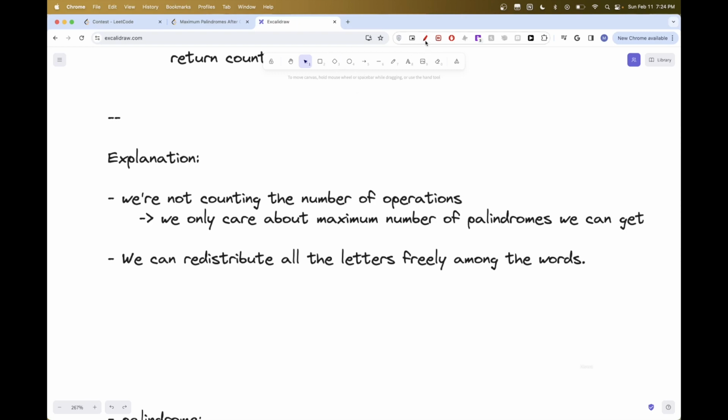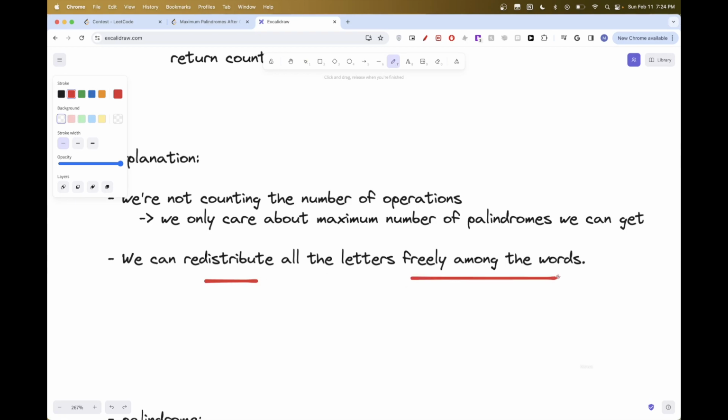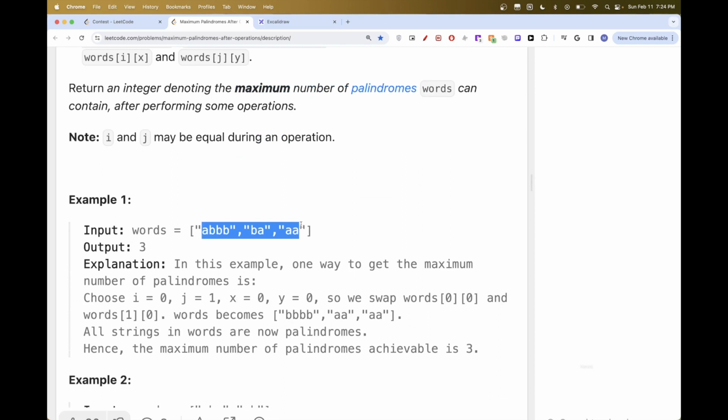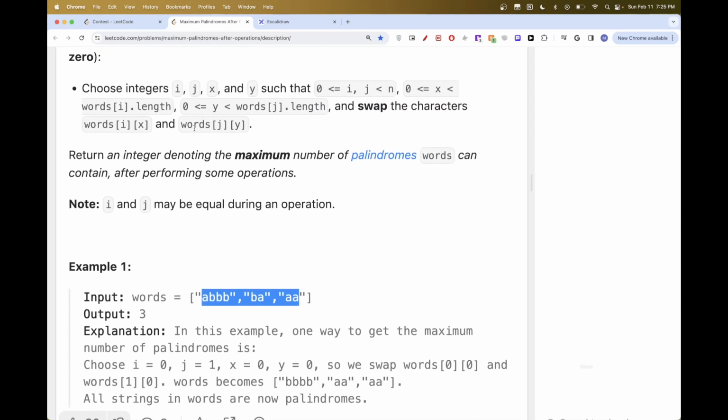And so that basically tells you that you can redistribute all the letters freely among the words. Right? So you can maybe put all the letters into one bucket and then distribute them in such a way that the maximum number of words are palindromes, and that would work because you can swap any letters from any two words, even within the same word, okay?